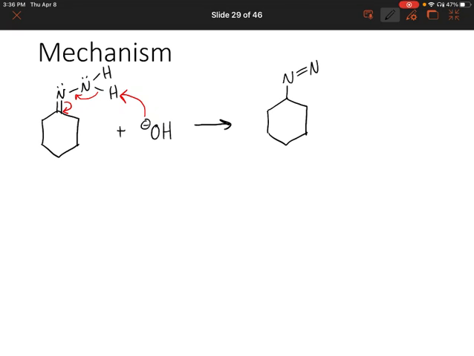So now that double bond has moved to the two nitrogens. And now our carbon on the ring is negatively charged. We also are going to use water, and that's just to protonate the carbon on the ring.